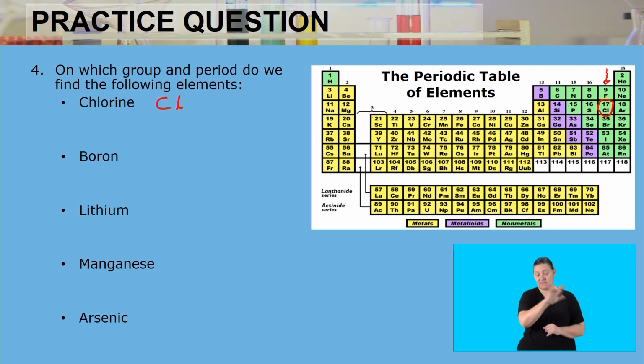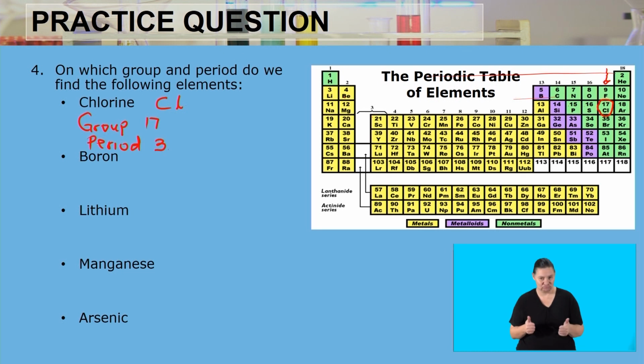So it's in the fluorine family. And then in which period do we find fluorine? Our period there, it's 1, 2, and 3. So we know that Cl, chlorine, is found in group 17 and period 3.